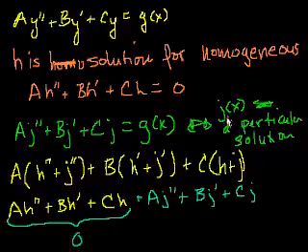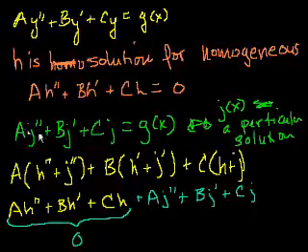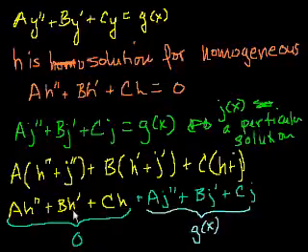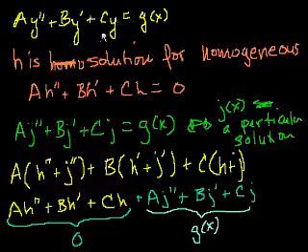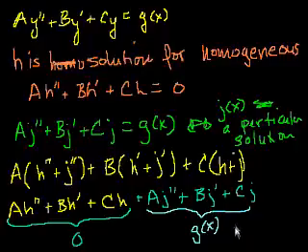And by our definition for j, what does this equal? We said j is a particular solution for the non-homogeneous equation, so this expression is equal to g of x. So when you substitute h plus j into this differential equation, on the left-hand side, you get g of x, which is the right-hand side. So we've just shown that if you define h and j this way, the function, we'll call it k of x, is equal to h of x plus j of x.